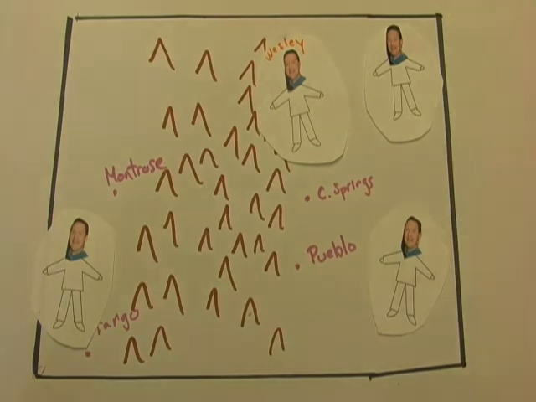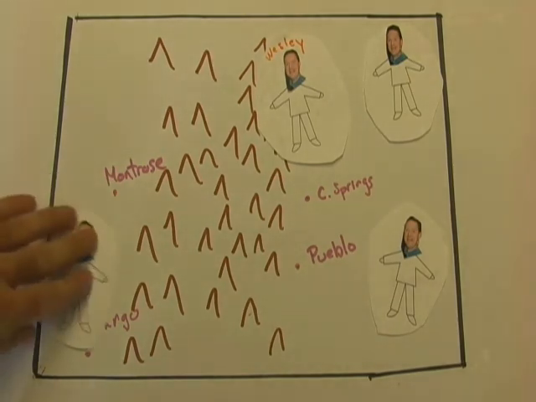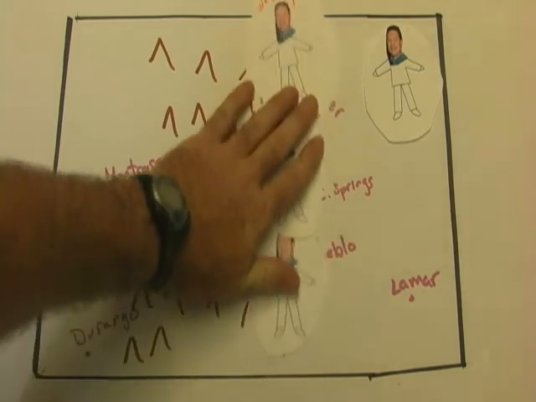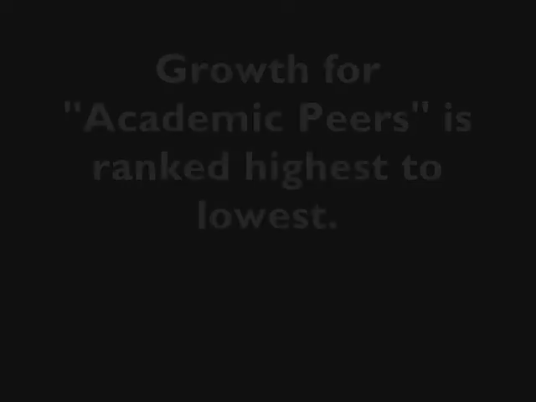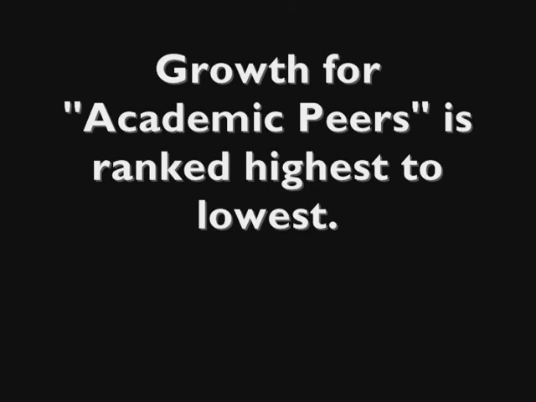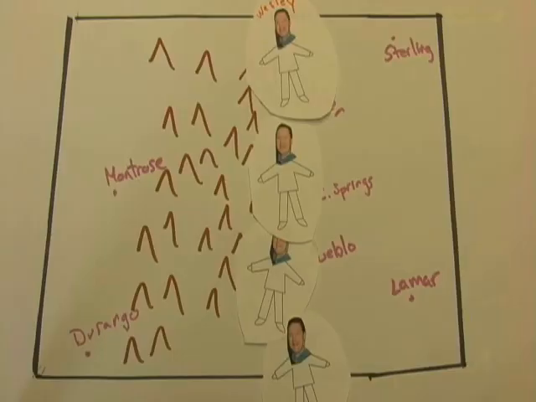So how do we get Wesley's growth percentile? We take all Wesley's academic peers and look at their growth. The peers are then ranked from highest to lowest, with the highest being the 99th percentile, or scored better than 99% of their peers, and the lowest being the 1st percentile.